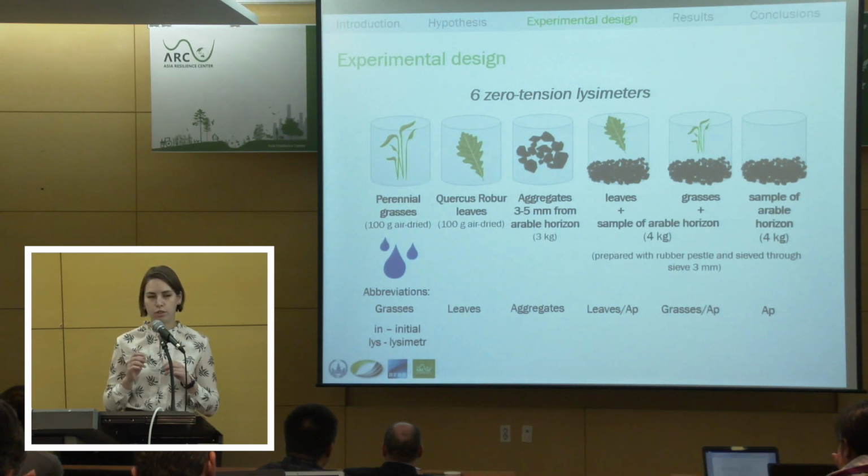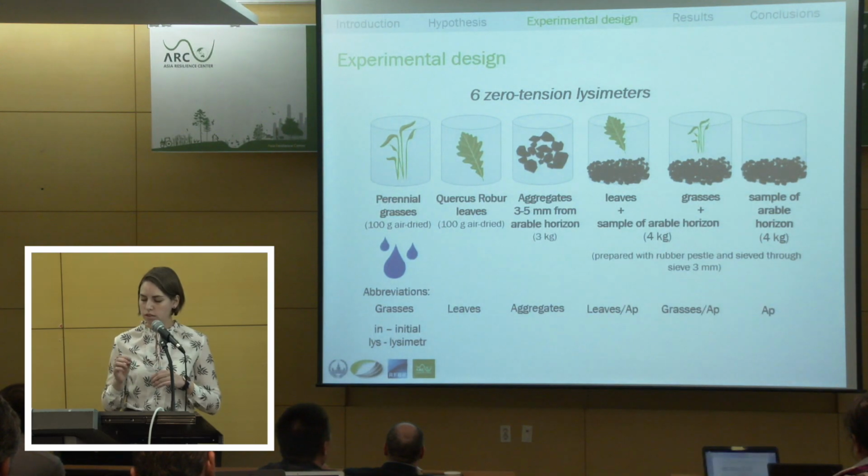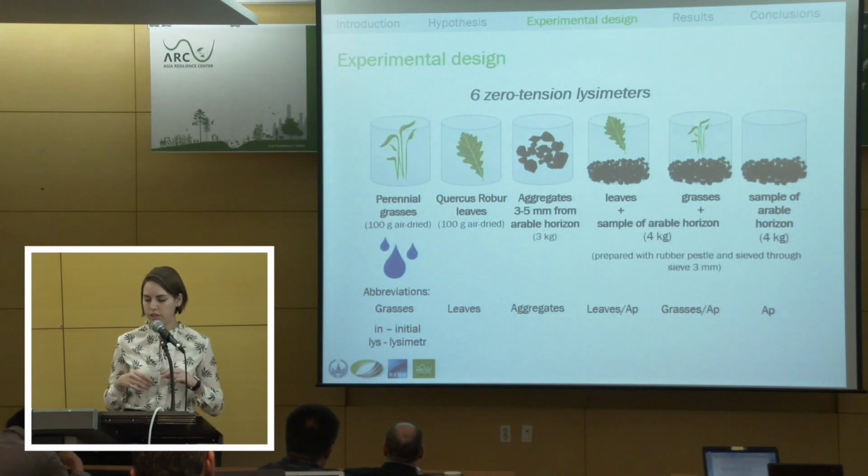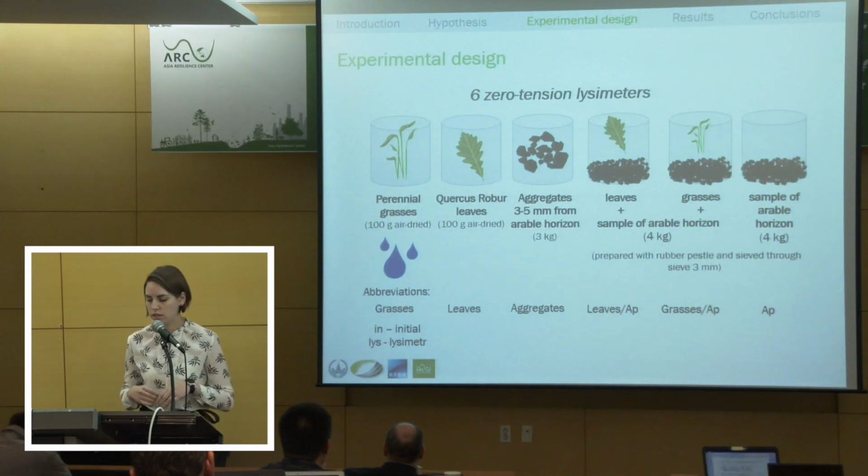Six zero-tension lysimeters were laid. We took a sample from the arable horizon of chernozem, and some lysimeters contain only litter residues, and some also contain two layers of leaves or perennial grasses, and a sample of the arable horizon.